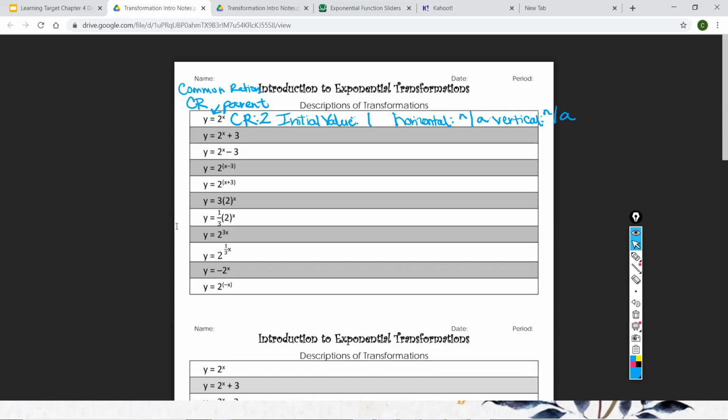Oh. Bring it up. Follow the notes for it. Okay. What am I going to put under the exponent? It's opposite?